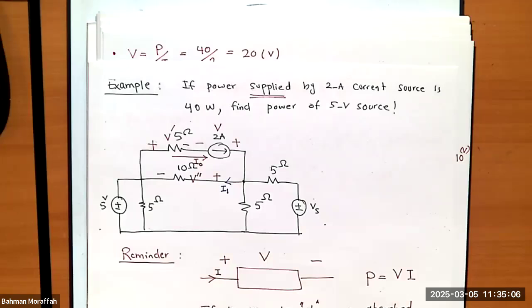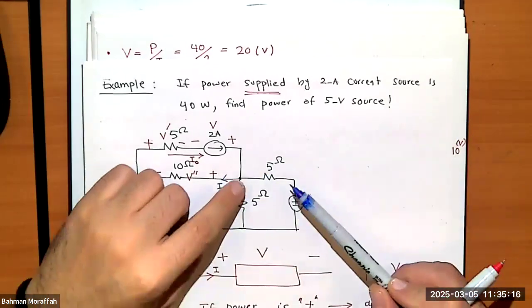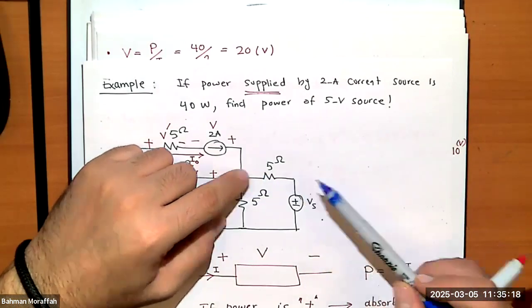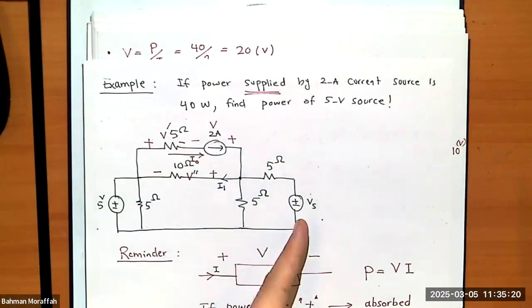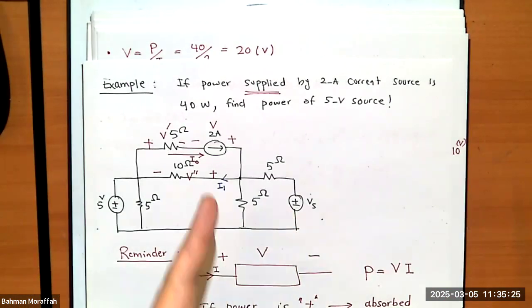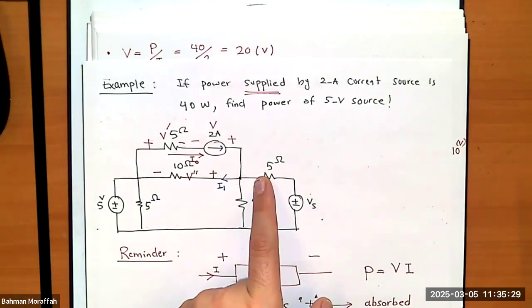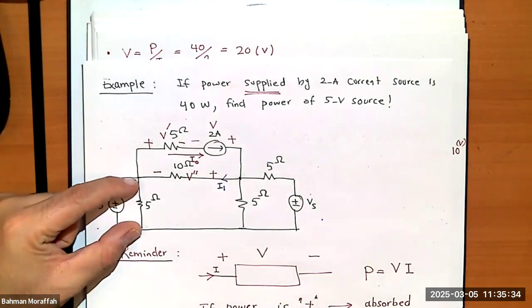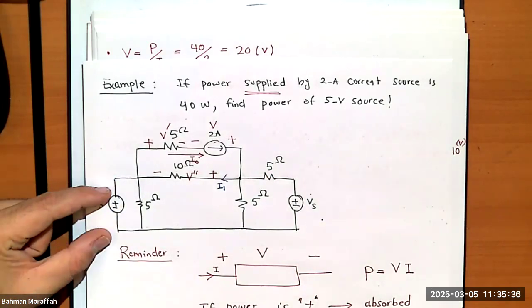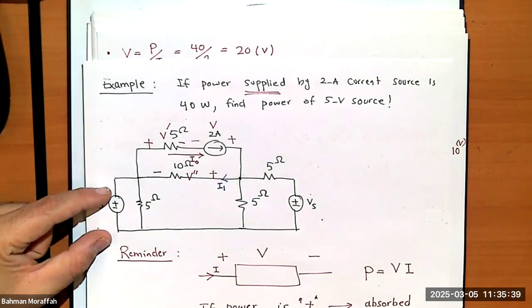What I do know is that if I know current through this 5 ohms right here, I know voltage across these two, and I can compute Vs, right? But I do know voltage across this 5 ohms is not Vs because I have the drop across this 5 ohms. Nonetheless, I know this 5 ohms resistance is in parallel with this 5 volts. Therefore, I know voltage across it.